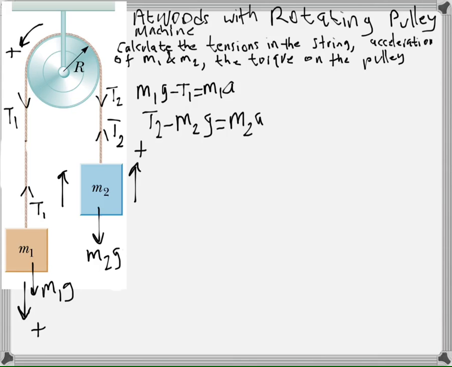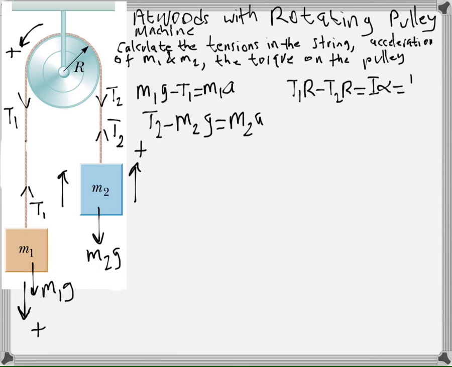And T1 will rotate in the plus direction. It is obvious, right? So T1 times R is the torque by T1. Let me write this to the side. T1 times R, and T2 will try to rotate the pulley in the other direction, which is minus direction. So I have to take this as minus T2 times R, and this will be equal to the moment of inertia of the pulley, I, times alpha.